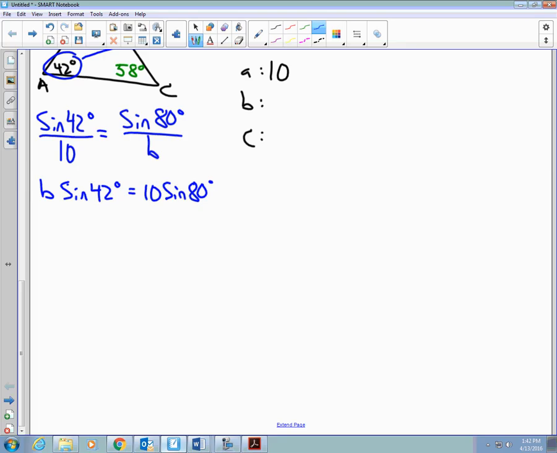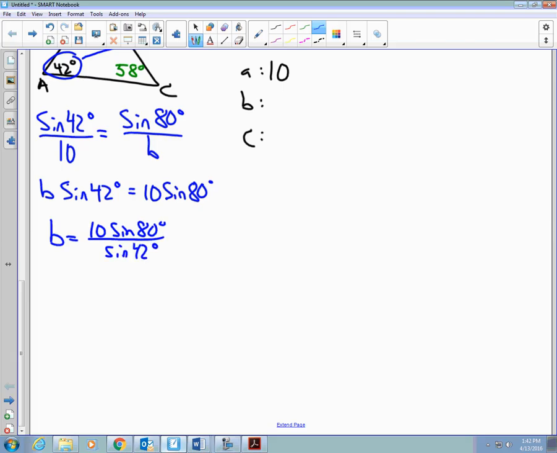How do I solve for B? Yep, I'm going to divide both sides by the sine of 42. So I have B is equal to 10 sine of 80 divided by the sine of 42 degrees.